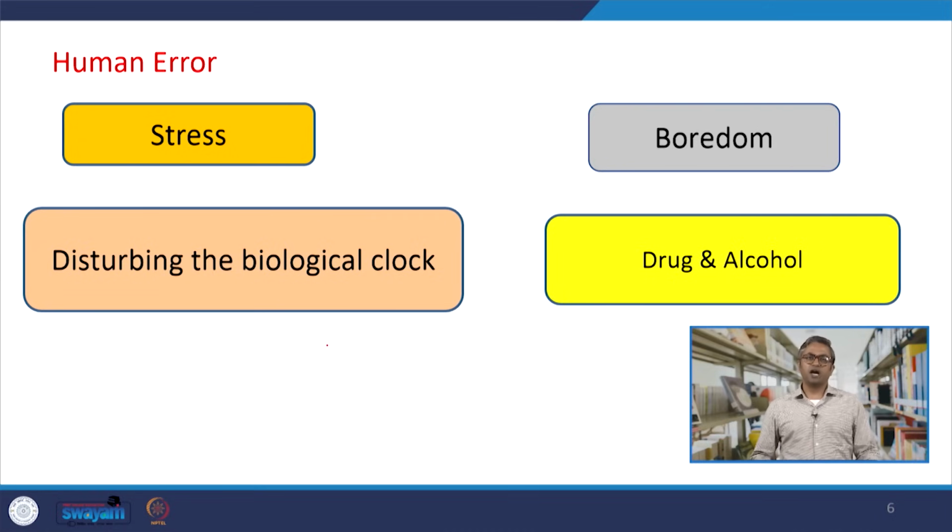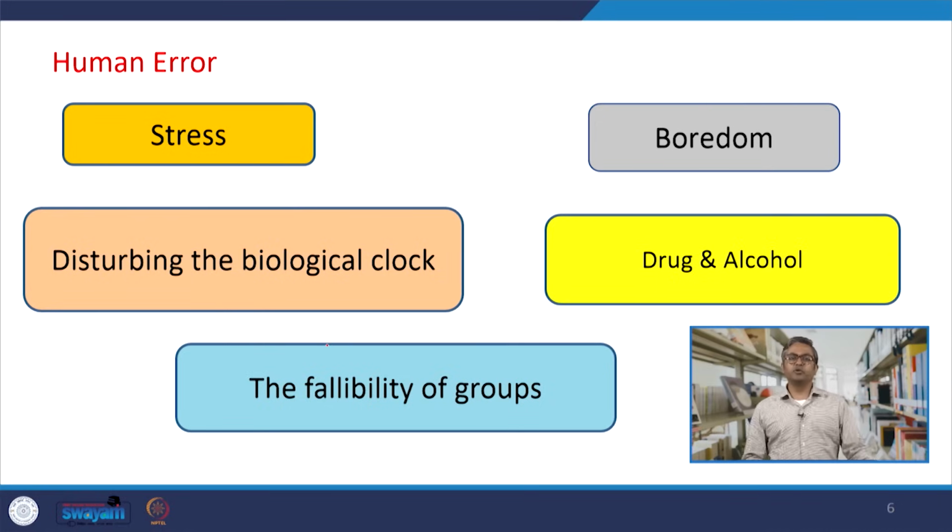But we have our biological limitation. At night time, we have to sleep, and during the daytime, we have to work. Our body, our biological mechanism, also requires some resting. But when this irregularity or imbalance happens in our biological cycle, then human error occurs.